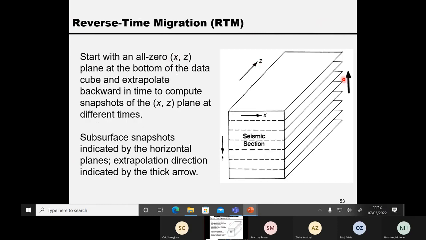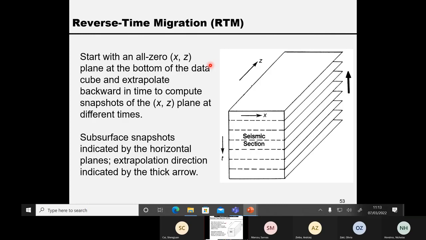Reverse time migration is different, because in reverse time migration we do not use downward continuation. We use a proper wave equation, which is the two-way wave equation, right? So what do we do here? We start from the x, y, the model, right?